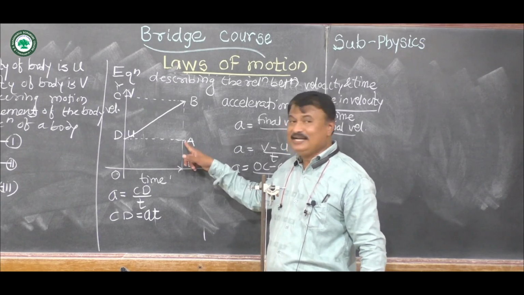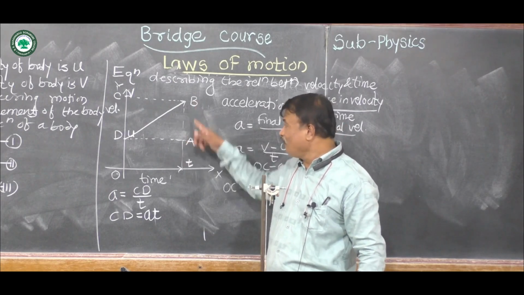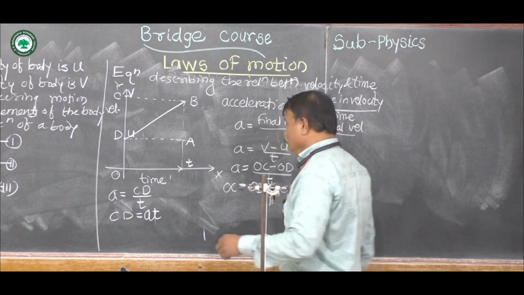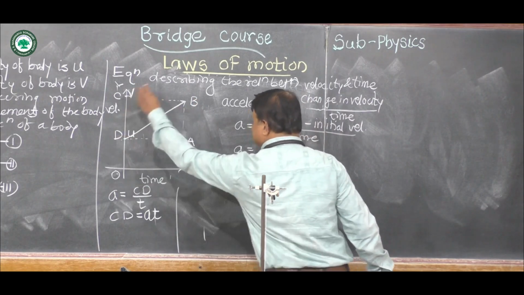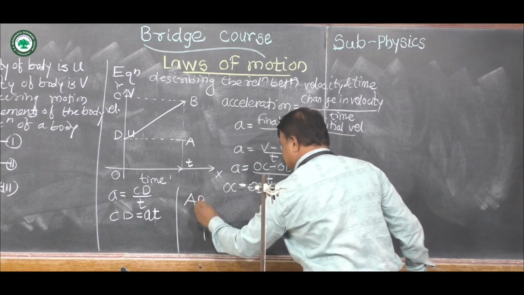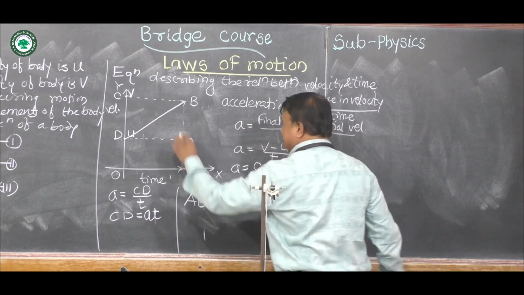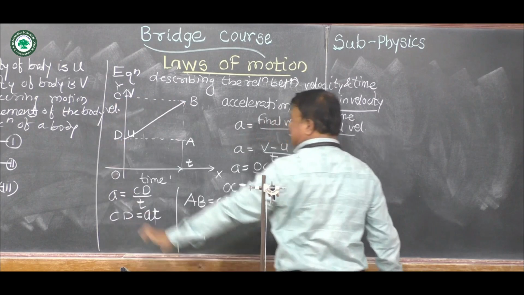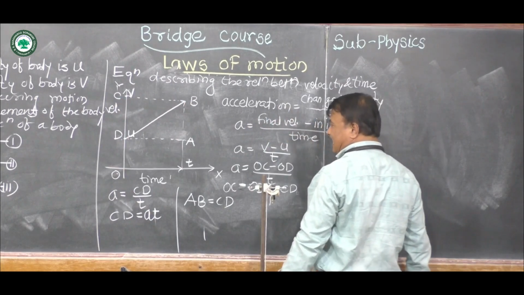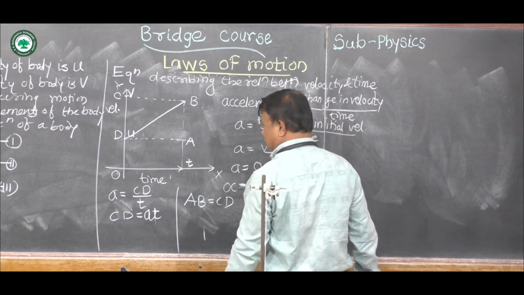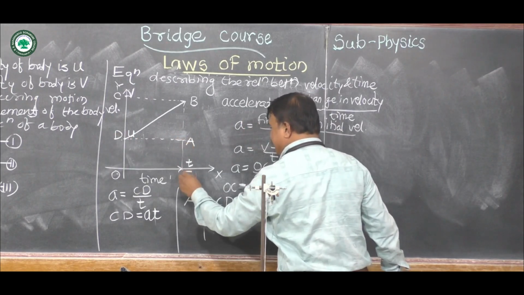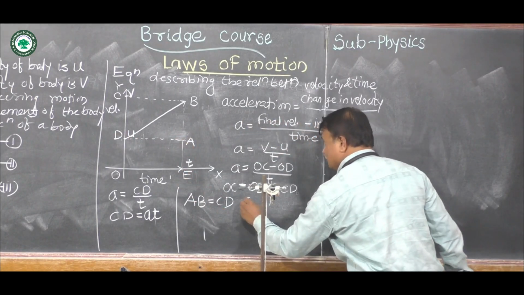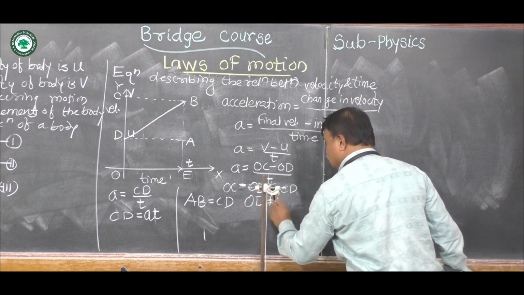It meets at point A. Then we know that this distance AB is equal to CD, which is at. And the distance OD is equal to AE.